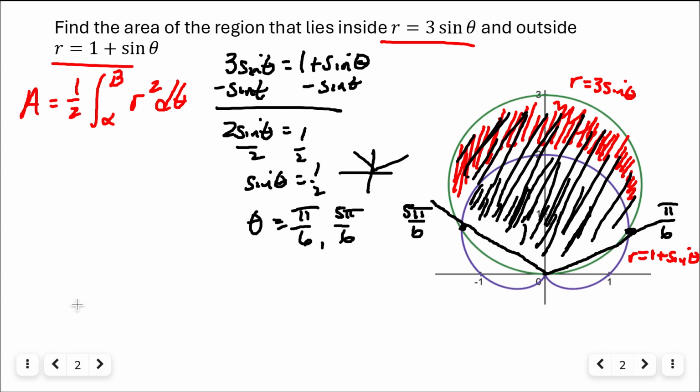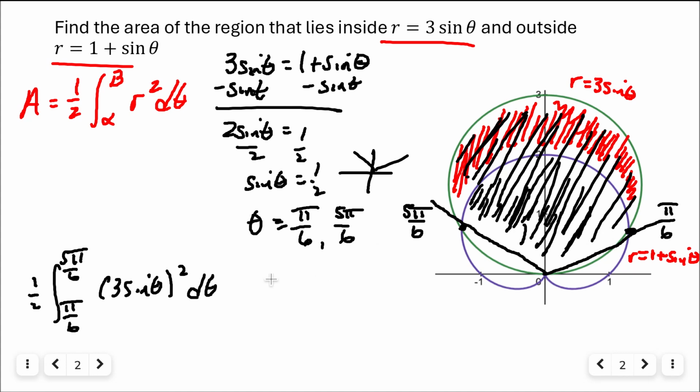So that's what I'm going to do. So to find the area, I'm going to take 1/2 the integral from pi over 6 to 5 pi over 6 of 3 sine theta squared d theta. That will find me all of this area that's in black.